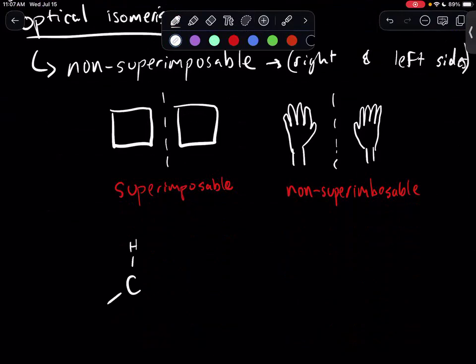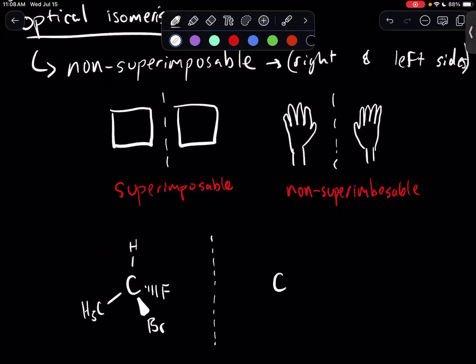So I put my hydrogen, I'll put a CH3. I will use a wedge with a bromine and a dash line with a fluorine. Remember, the wedge means coming towards us out of the page, and the dash means behind the page, going back.